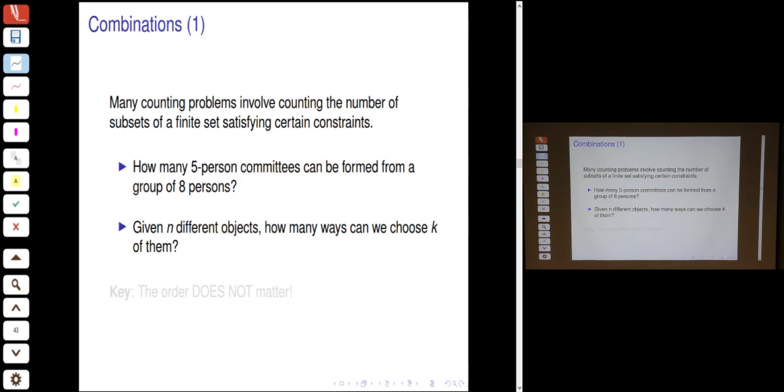These are the typical examples. The difference from permutation, where the order matters, so you have first position, second position, is that here, suppose you pick 5 persons in the committee. You don't choose who is number 1, who is number 2. It's just a 5-person committee. As long as the 5 persons are in, they are counted as 1.